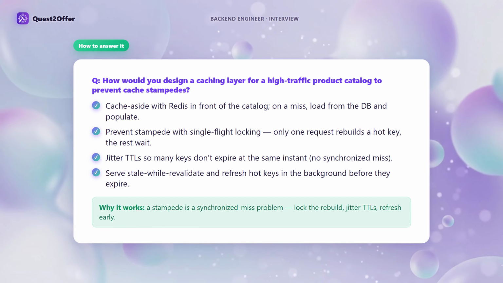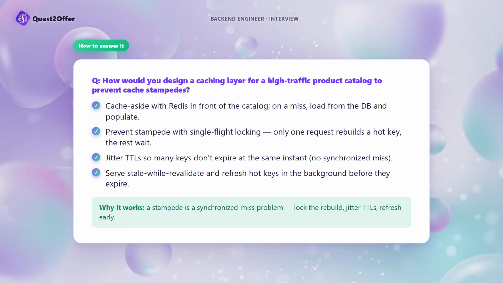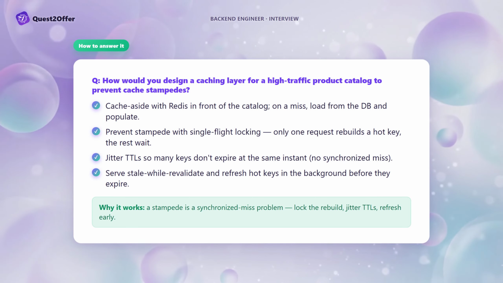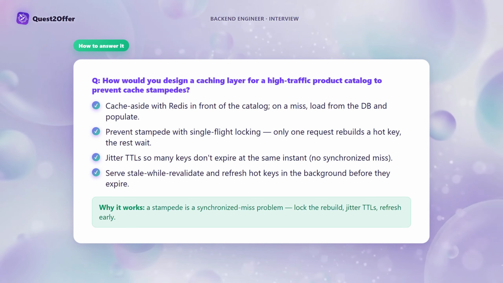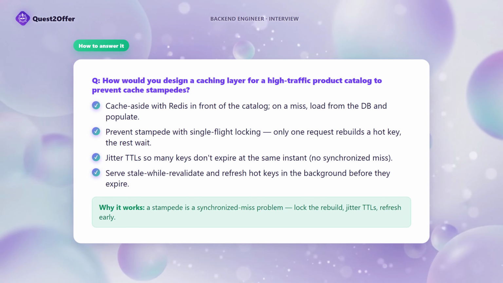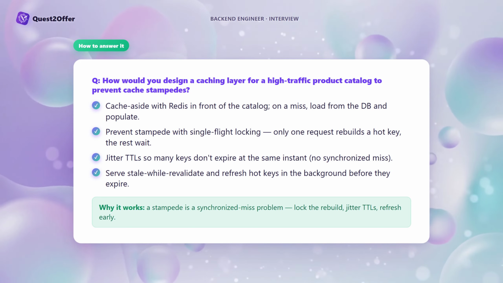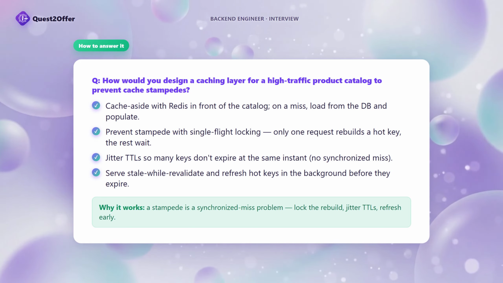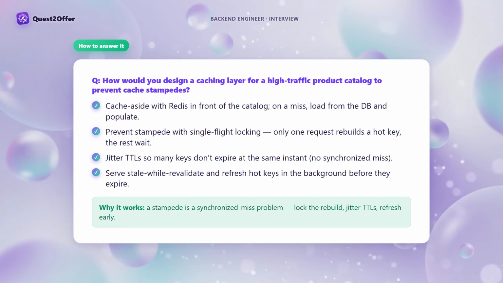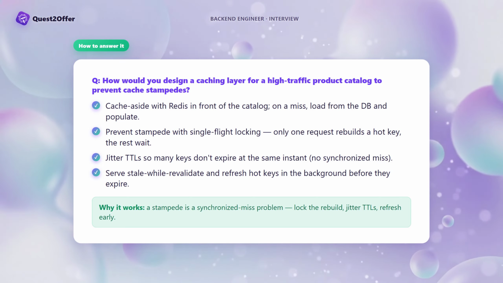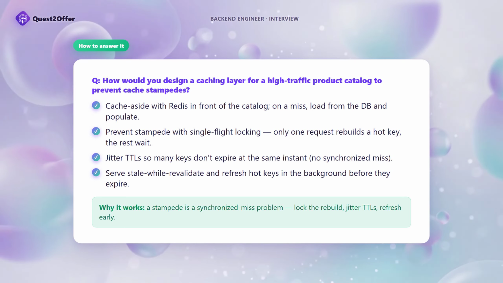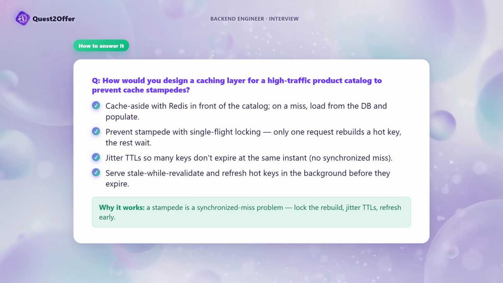A stampede happens when a hot key expires, and 1,000 requests rebuild it at once. Stop that with single flight locking, so only one request rebuilds the key and the rest wait. Jitter your TTLs so keys don't expire together, and refresh hot keys in the background before they expire. Serve stale while you revalidate.